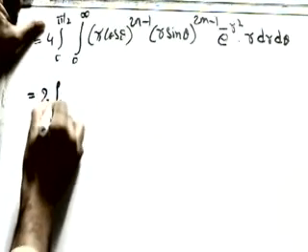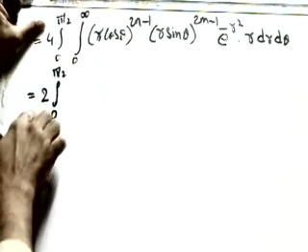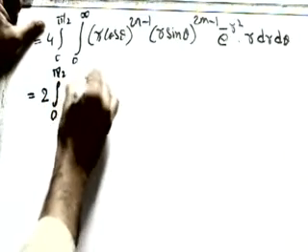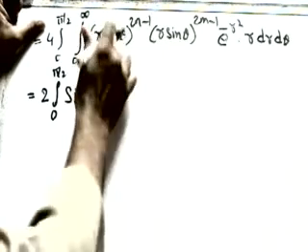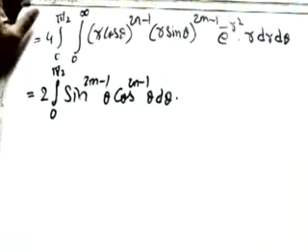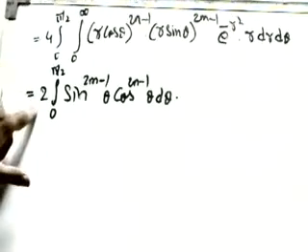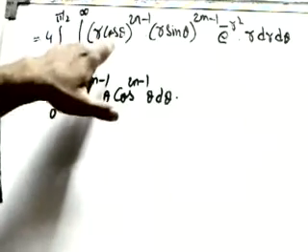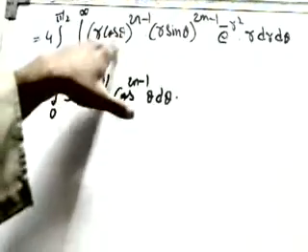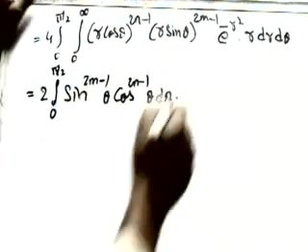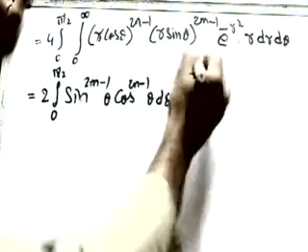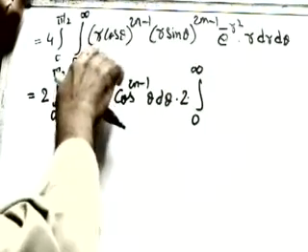I'm writing 2 into integration 0 to pi by 2 sine power 2m minus 1 theta cos power 2n minus 1 theta d theta, into, once more, I'm writing 4 as 2 into 0 to pi by 2. I separated theta. Now what is left here? One more 2 is here.